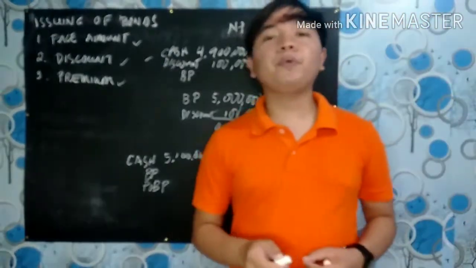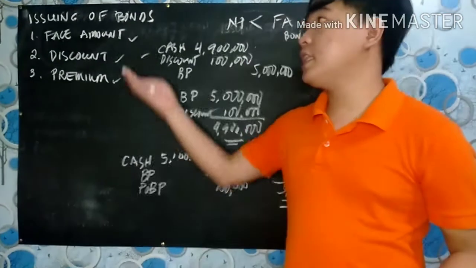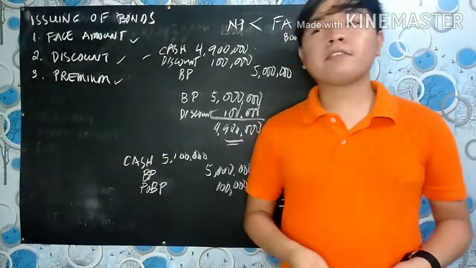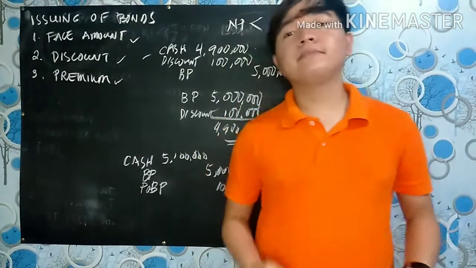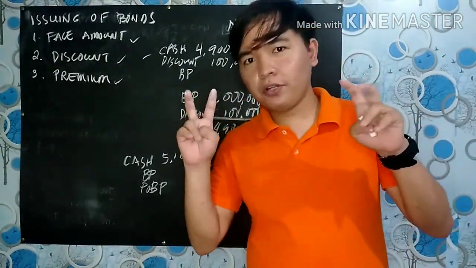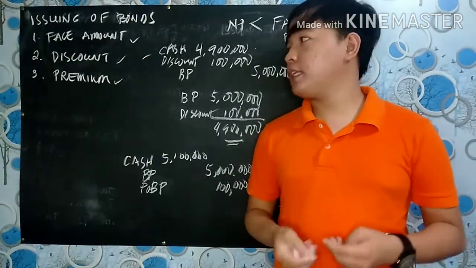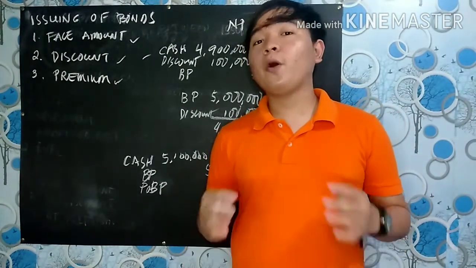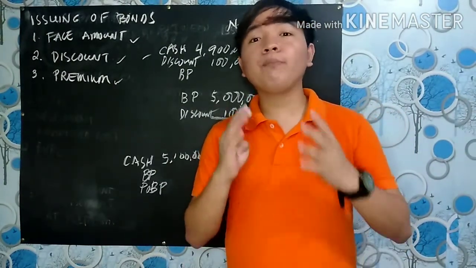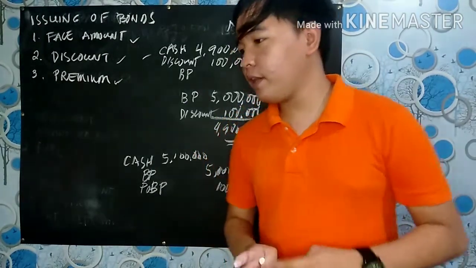So, ganun lang po kasimple yung accounting treatment natin sa issuing of the bonds. So, medyo mas malalim na treatment kapag meron tayong bond issue costs or nag-issue tayo between interest dates. So, pag-uusapan po natin yan, okay?